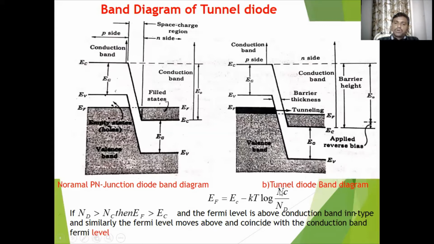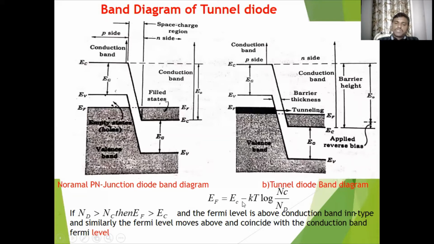Previously NC was greater than ND, so log of a more positive value gave a positive result. But here the denominator is greater than the numerator, so the log gives a negative value. So negative of negative is positive.